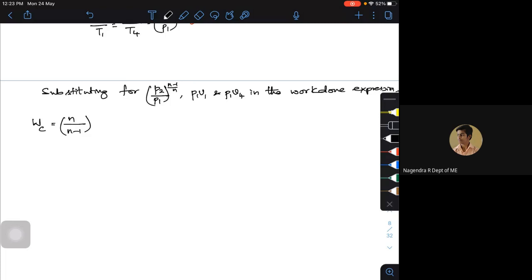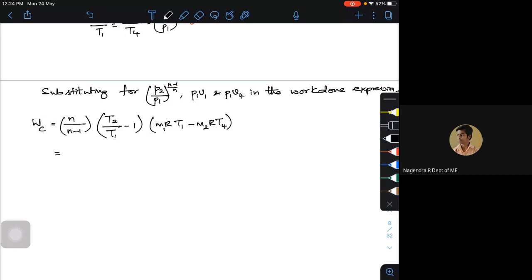Wherever you have P2 by P1 to the power of n minus 1 by n, I can write it as T2 by T1 minus 1. Then I can write M1 R T1 minus M2 R T4, because this is for P1 V1 and P1 V4. So this is the expression that I have.